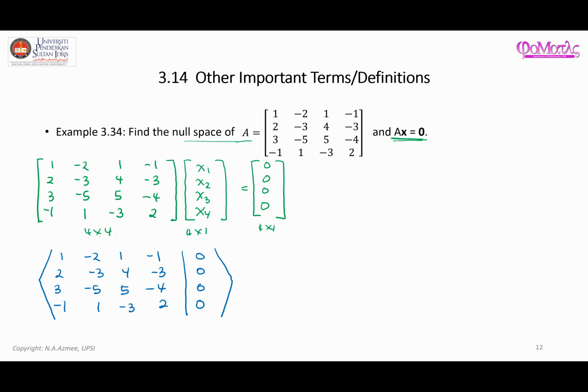Okay, so what I'm going to do now is transform all these values here into 0. All the values here will be turned into 0.